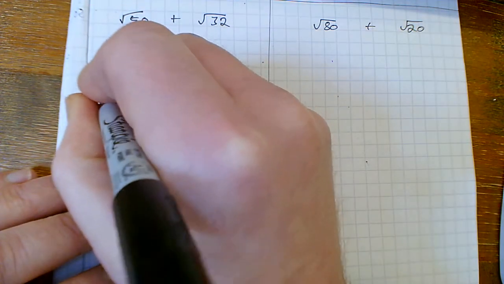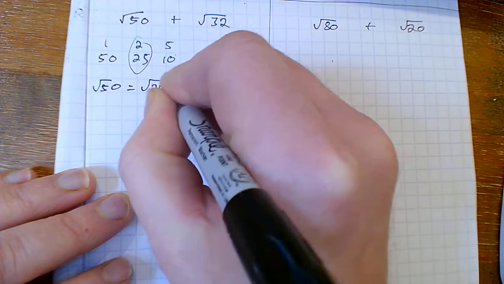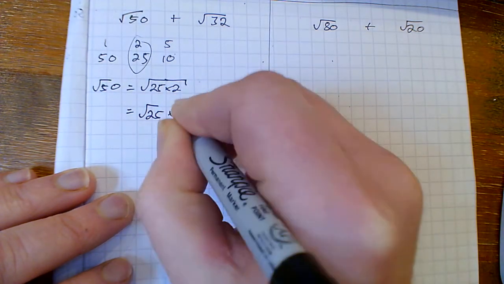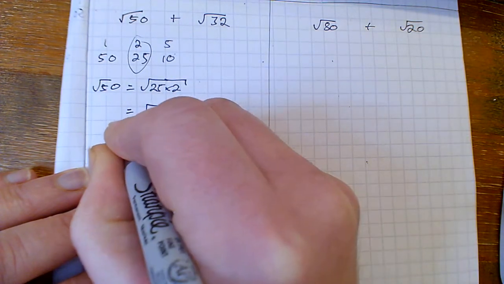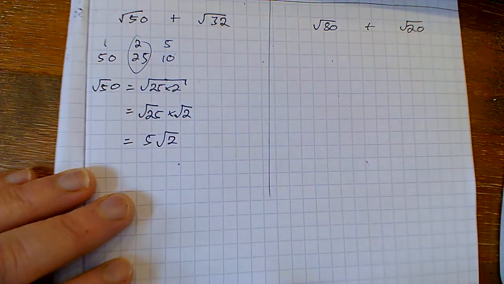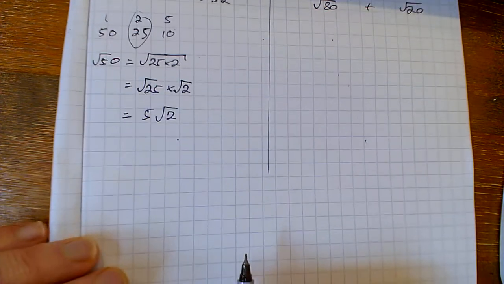So the square root of 50 is equal to the square root of 25 times 2, which is equal to the square root of 25 multiplied by the square root of 2, which is equal to 5 root 2, because 5 is the square root of 25. I'll do the same thing with the square root of 32 now.